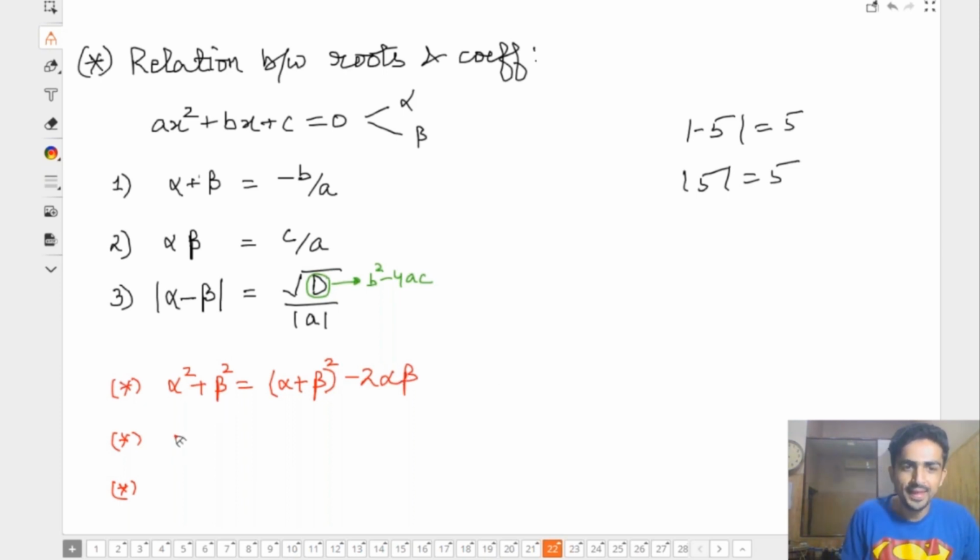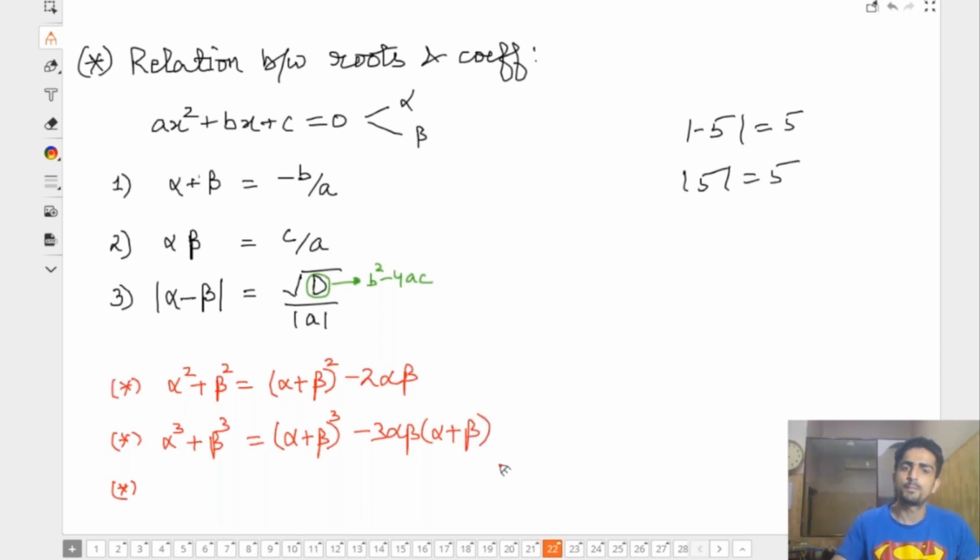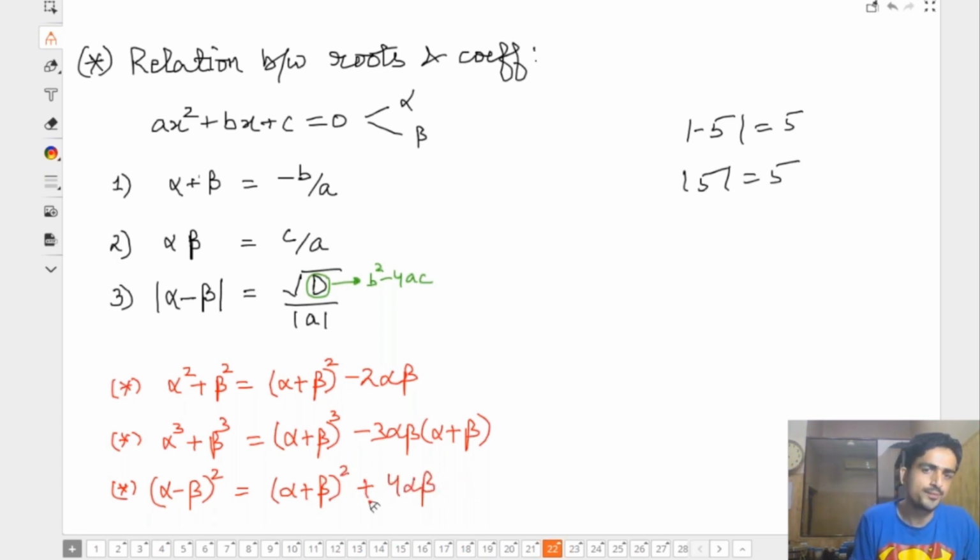And of course, we can write alpha cube plus beta cube as alpha plus beta whole cube minus 3 alpha beta into alpha plus beta. And we can write alpha minus beta whole square as alpha plus beta whole square minus 4 alpha beta.